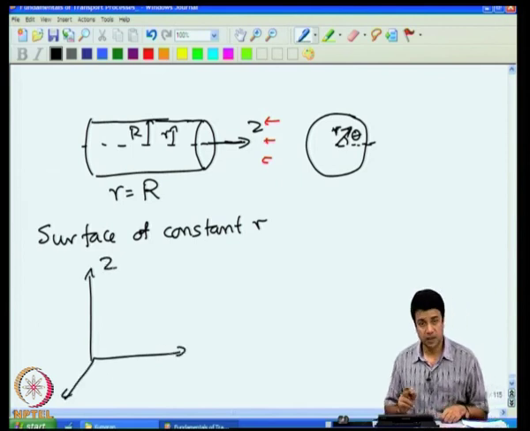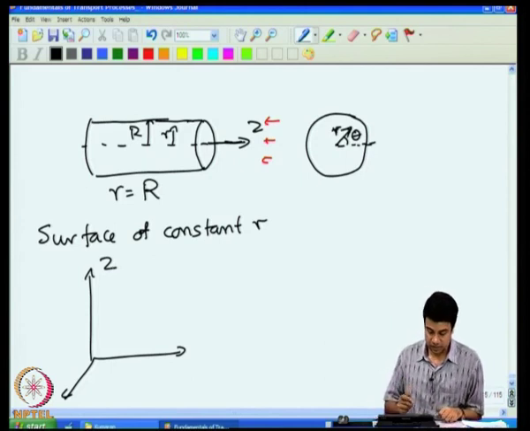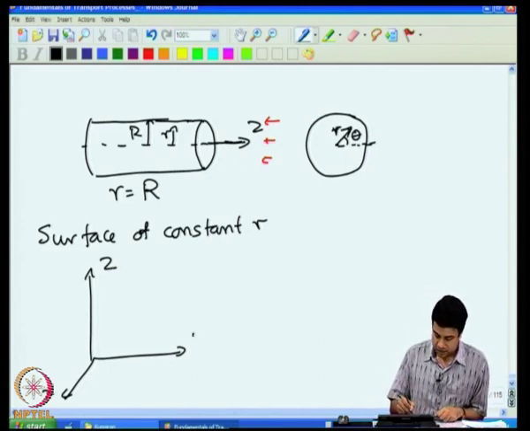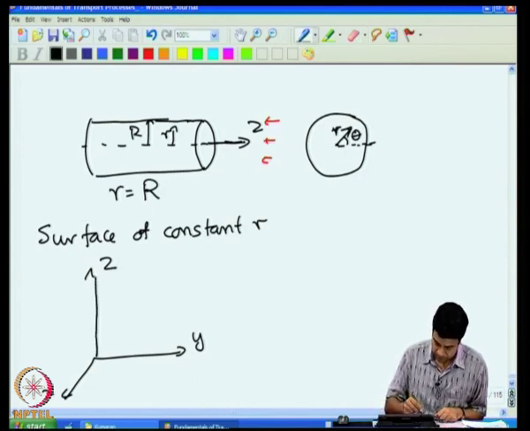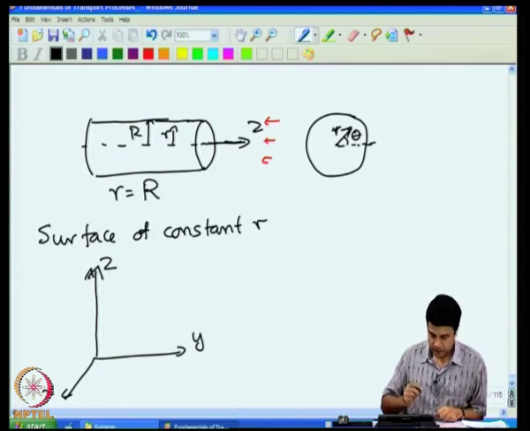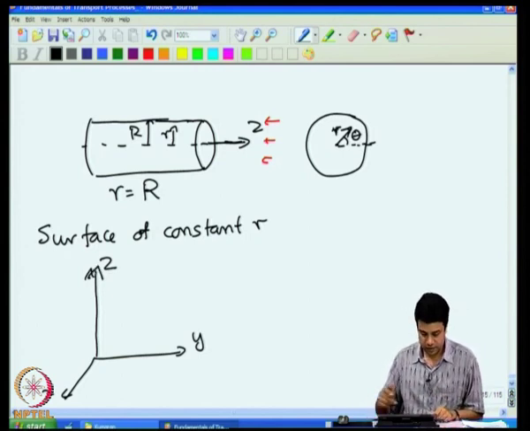Now, I am aligning my axis along the vertical z axis. My Cartesian coordinate system was this. Let me just draw it a little better. So, I am aligning my surface at constant axis.